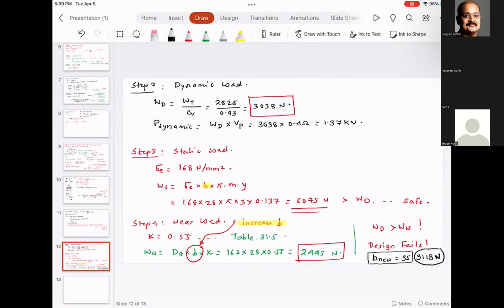Yeah. What is wear load and how does it fail? What happens when two objects come in contact? There is something called contact stresses. They are also called Hertzian stresses. Think about the gear coming in contact.